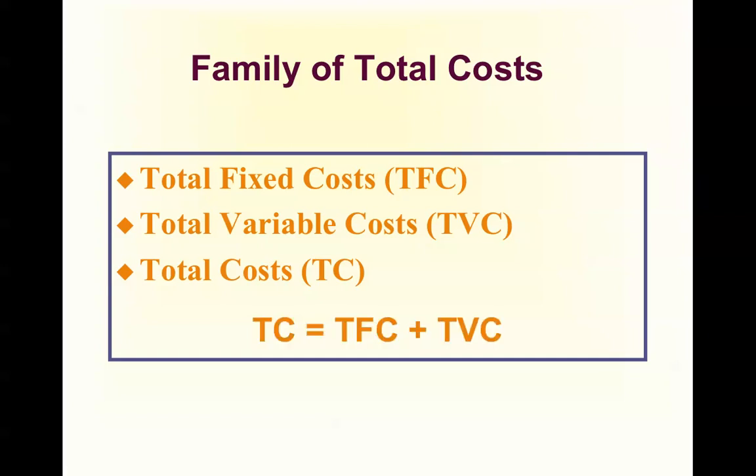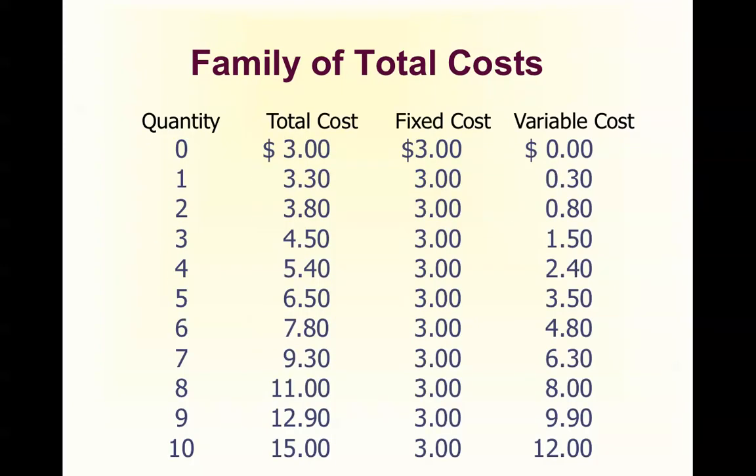The next slide shows that as we're producing items, there are total fixed and variable costs. As you can see for each quantity, and that's how we look at cost per quantity, the total cost is equal to the fixed and variable cost. Fixed cost remains the same.